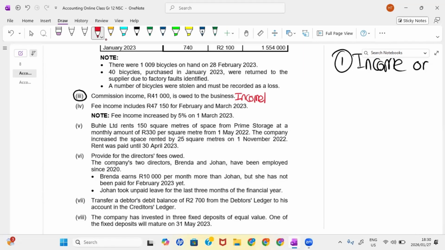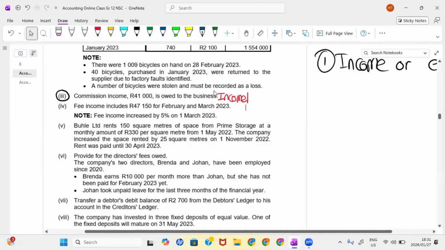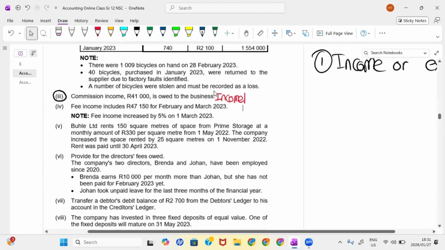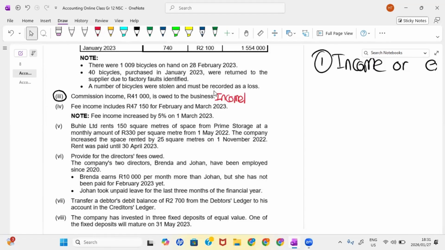So if they are saying we are being owed 41,000 rands of commission income, that means we already did the job of selling, right? The only thing left is for us to receive the money, but we haven't received it yet. So let's go back to those terms. We have an income that obviously we have earned.